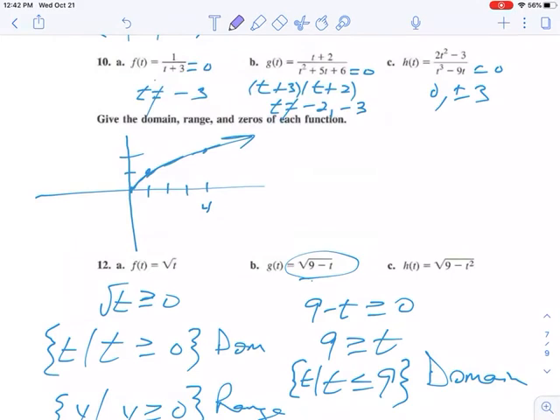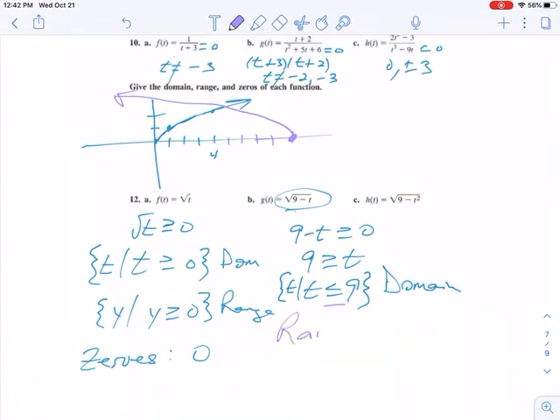We know that our domain has to be less than or equal to 9. So that 9 minus t starts us here. We can't go bigger, we've got to go smaller. So it is in some way, shape, or form this graph here.